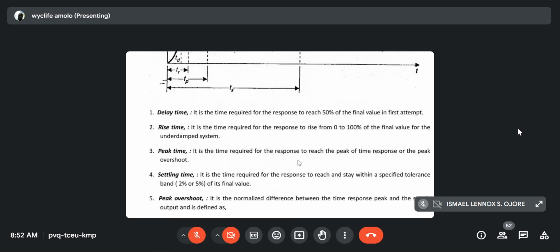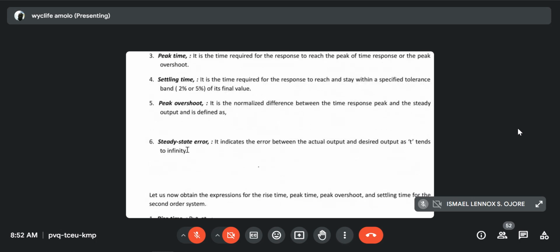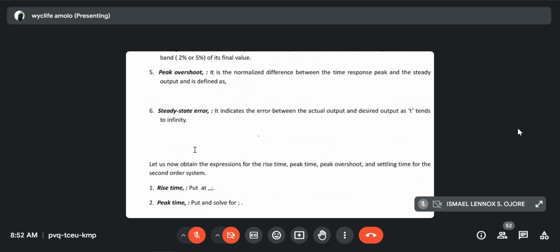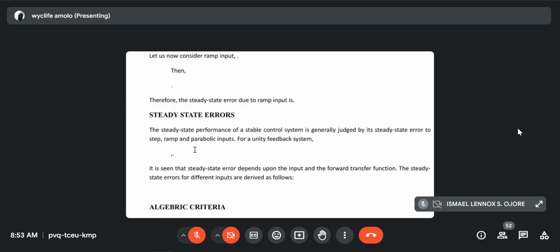Peak time is the time required for the response to reach the peak overshoot. Settling time is within 2% to 5% tolerance. And steady state error indicates the error between the actual output and the desired output as t tends to infinity.